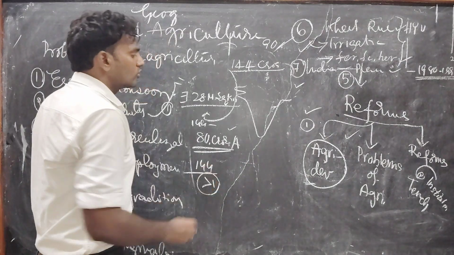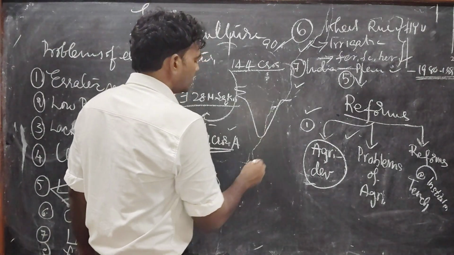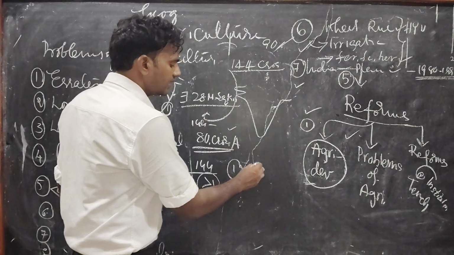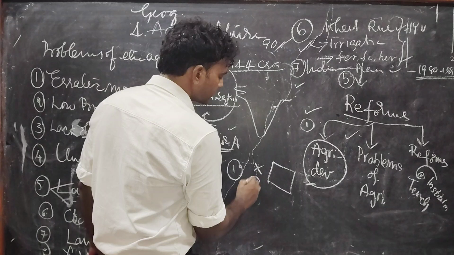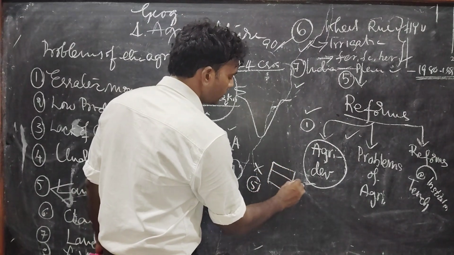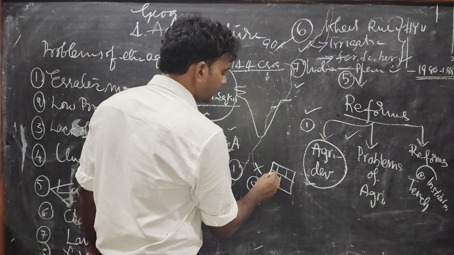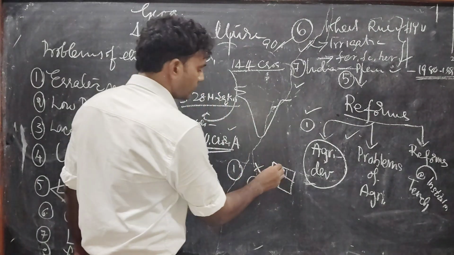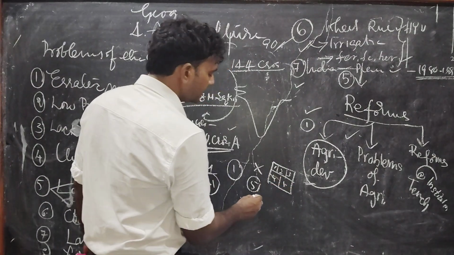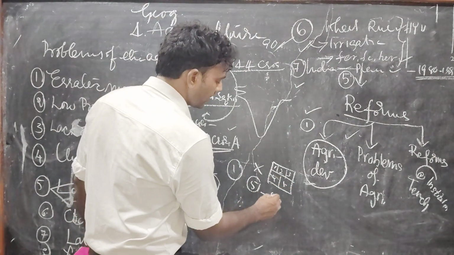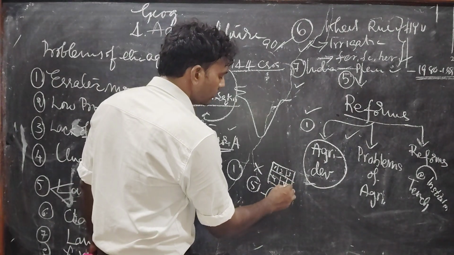Is it clear? The thing is that day by day the population is increasing. By inheritance, X has 10 acres of land but he has 5 sons, so this land is divided into 5 parts.